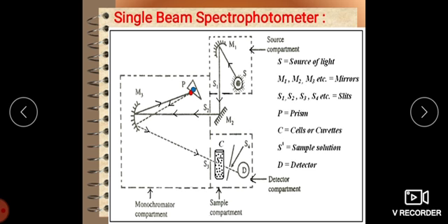The prism gives monochromatic light. Again it passes through the sample. The light emitted from the sample falls on the detector. The detector detects it and passes it to the amplifier, which amplifies that signal, and we get the response as a spectrum.